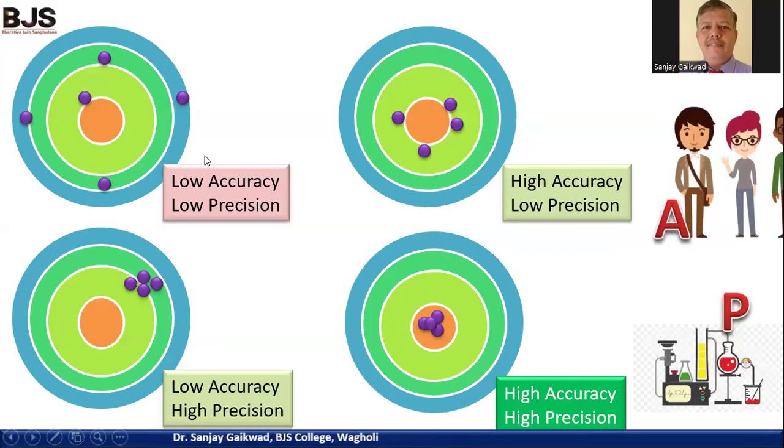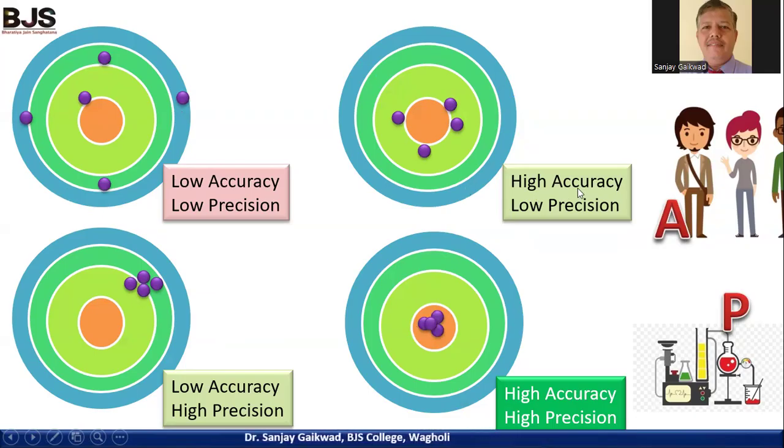Accuracy means that if the results are correct, then we say good accuracy. Here, all results are the same and they are accurate. Low precision means the results are very far from each other.